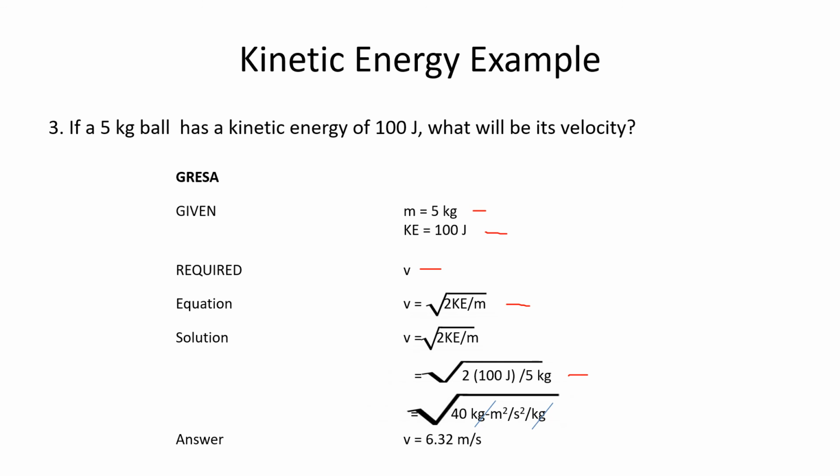Substituting our given quantities, we now have the square root of 2 times 100 joules divided by 5 kilogram, resulting in the square root of 40 kilogram meter squared per second squared over kilogram. Canceling the kilogram in the numerator and the denominator and getting the square root, we arrive at a final answer of 6.32 meter per second.